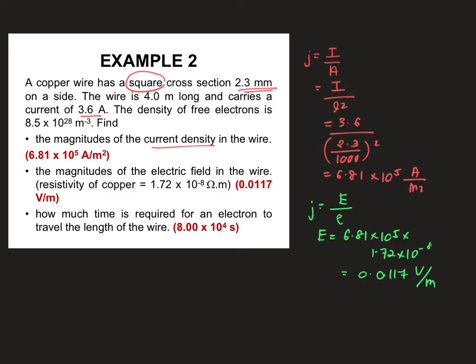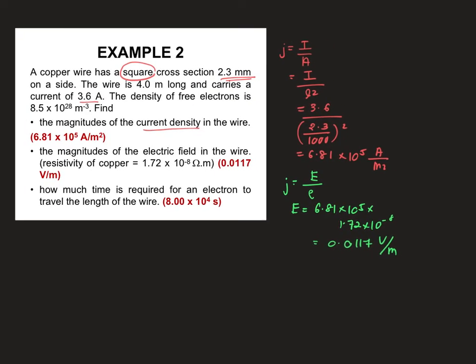Next. The question asks you to find how much time is required for an electron to travel the length of the wire. Since the question asks for time, you first find the drift velocity, using I equals n A v_d q. We find the drift velocity because from there we can find the time.